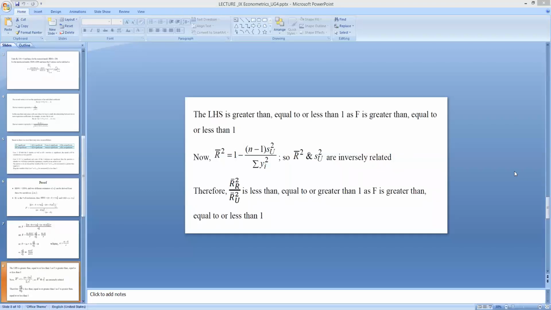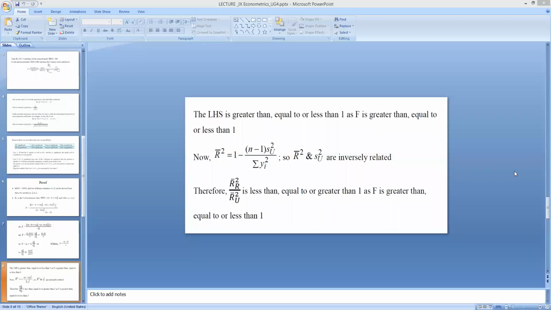Okay, just a little mistake happened. I'm repeating. Capital R square is equal to ESS by TSS. This is equal to TSS minus RSS by TSS.